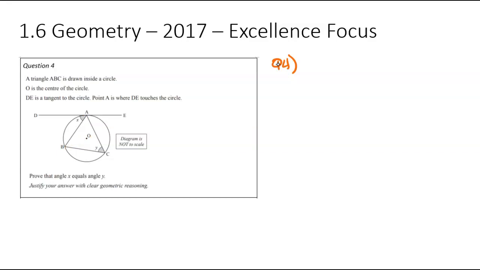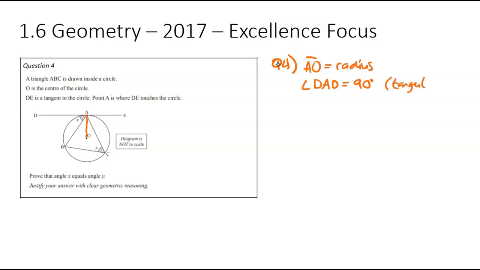So the first thing we're going to do is start off by adding this AO line. AO is the radius of our circle, which means angle DAO is going to be equal to 90 degrees because of that tangent to the radius rule.